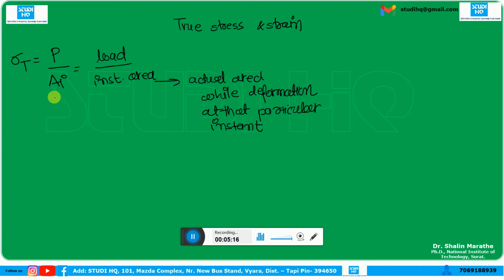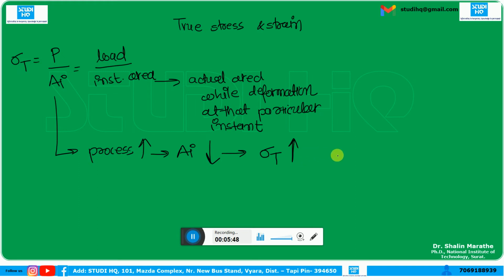So we know that as the process goes on, the instantaneous cross-section area will decrease because we are deforming the specimen, and due to the deformation the area will reduce, and that's why we will have a high value of true stress.